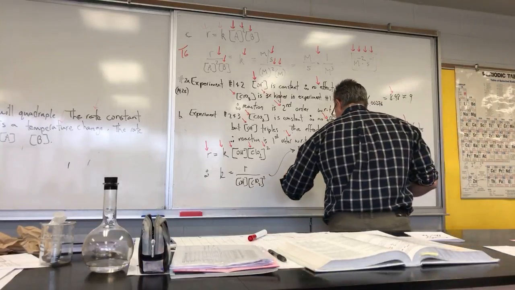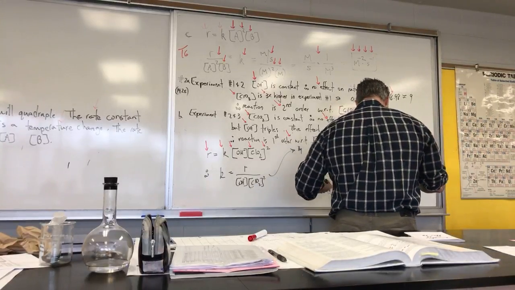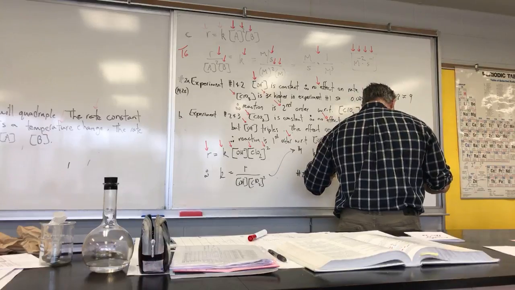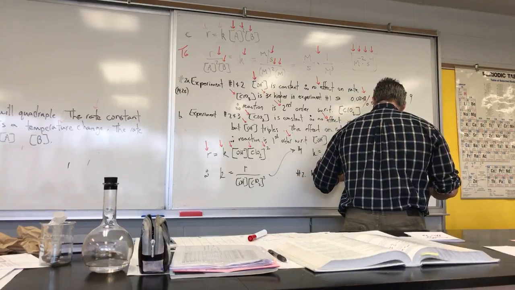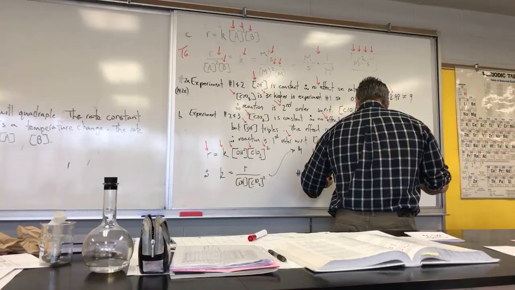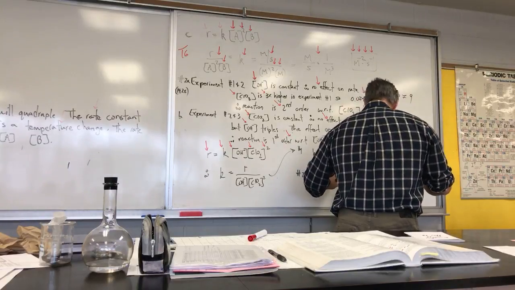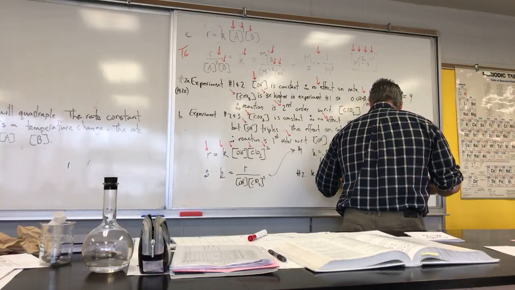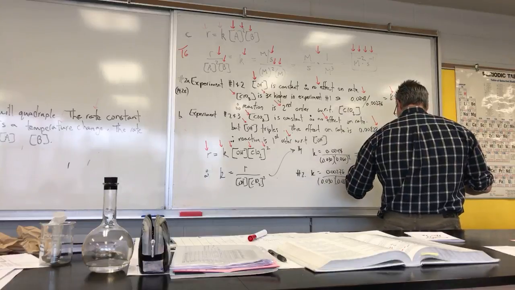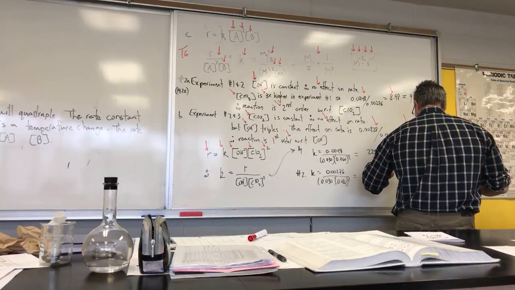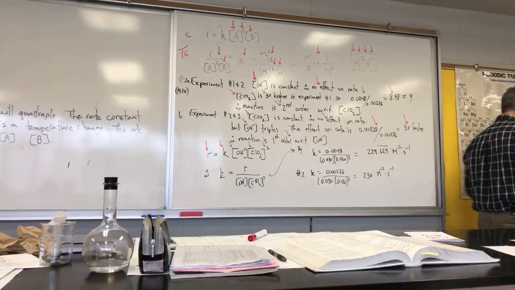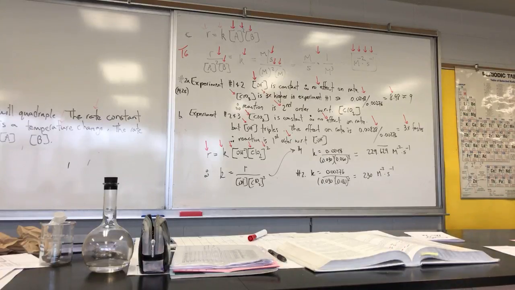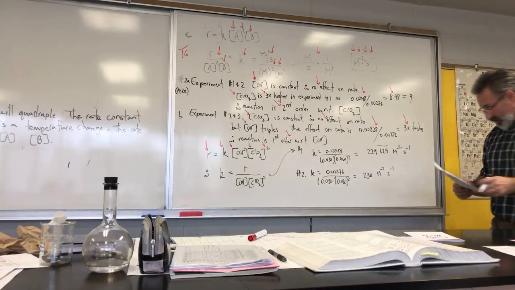If you took the second set of data from the second experiment, you got K is equal to 0.00276 over 0.30 times 0.20 squared. That would have given you 230. It's a nice feeling to do the calculation 3 different ways and get the same answer 3 times. It tends to confirm that you're on the right track.